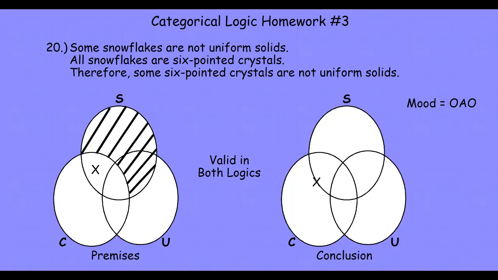Figure 1, subject of the major, the first premise, predicate of the minor, the second. Figure 2, predicate of the major, the first premise, predicate of the minor, the second premise. Figure 3, subject of the major premise, first premise, subject of the minor premise, the second premise. So it is a figure 3.